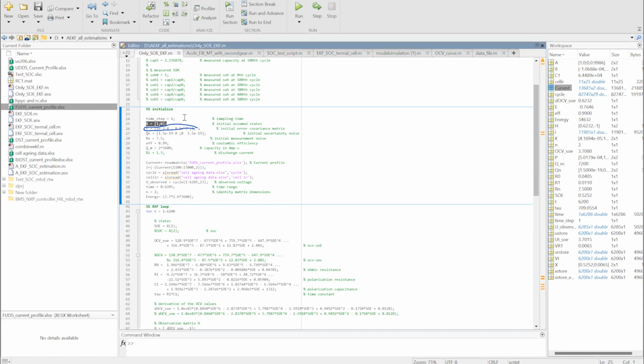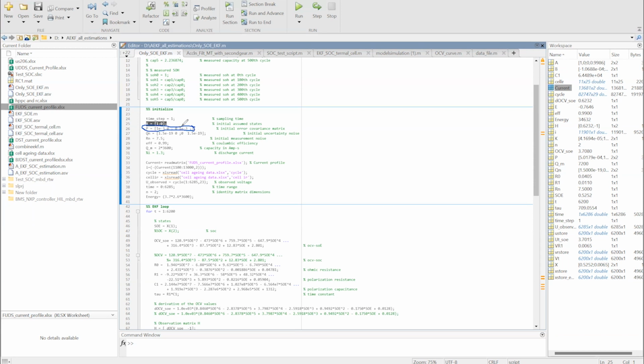So here, about the initial covariance matrix, we have considered Gaussian values.